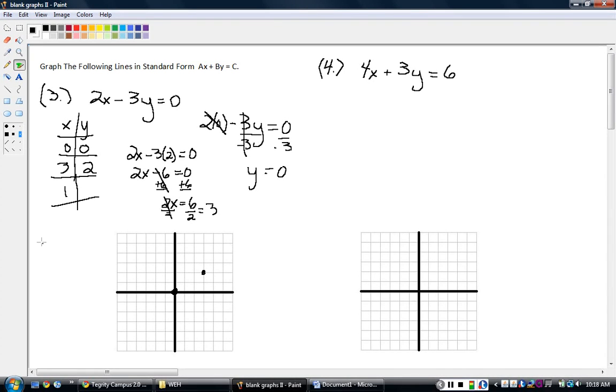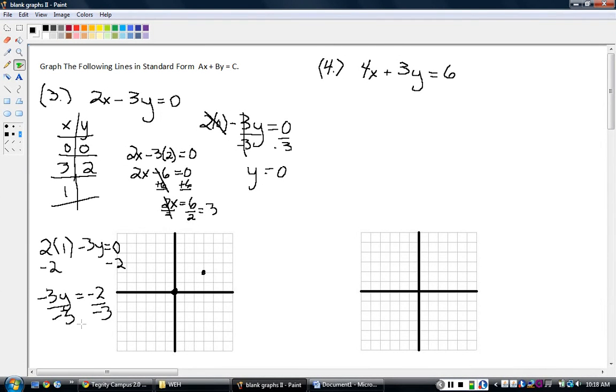So I'm going to pick x to be 1. 2 times 1 minus 3y equals 0. Alright, so 2 times 1 is 2, so subtract it from both sides. Minus 2, minus 2, so negative 3y equals negative 2. And then divide by negative 3, and I get a fraction.